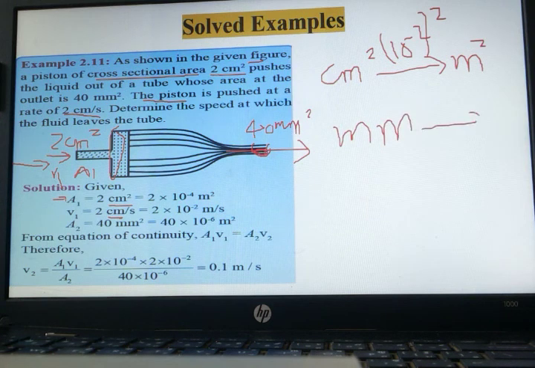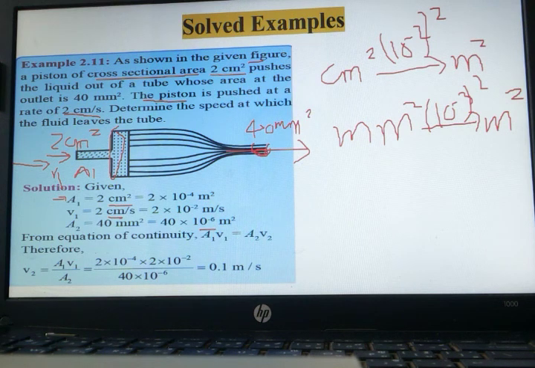For converting millimeter to meter, we multiply by 10 raised to minus 3, and it is millimeter square, so it will be 10 raised to minus 3 whole square. On the basis of indices, it will just multiply, so we get 10 raised to minus 6. So here it is 40 into 10 raised to minus 6.